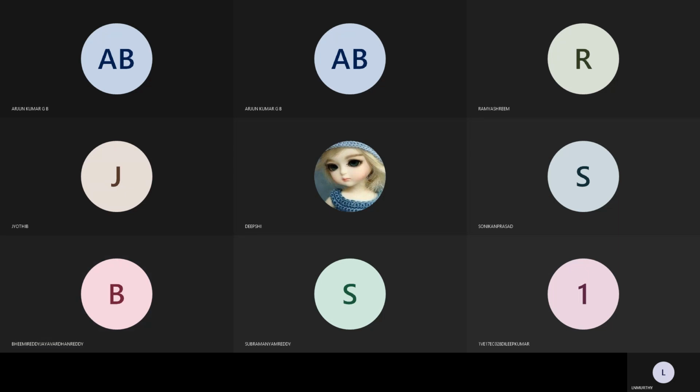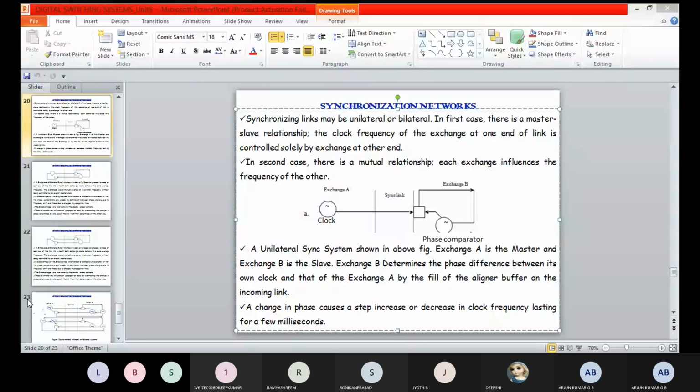Okay, wait a minute. Now it is visible. Dear students, now it is visible. Yes. See, it is visible now.